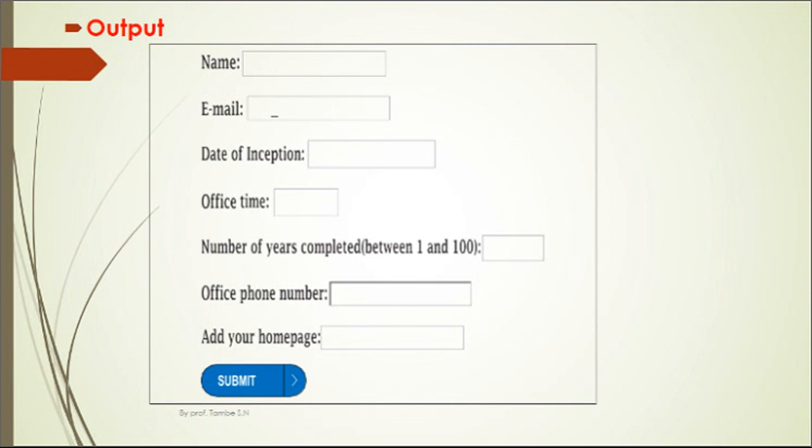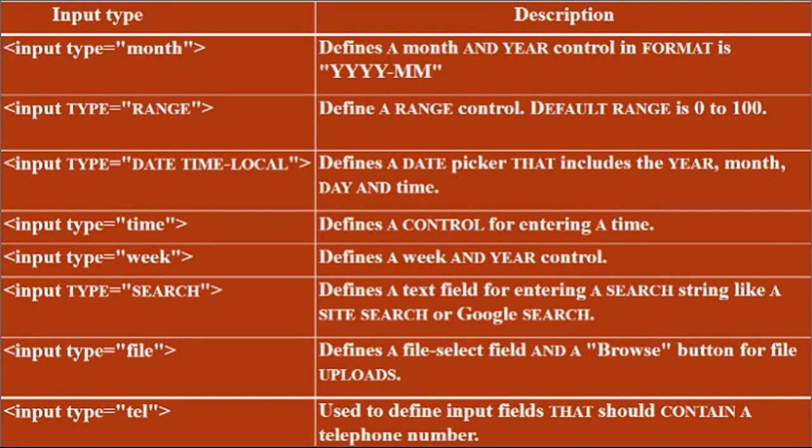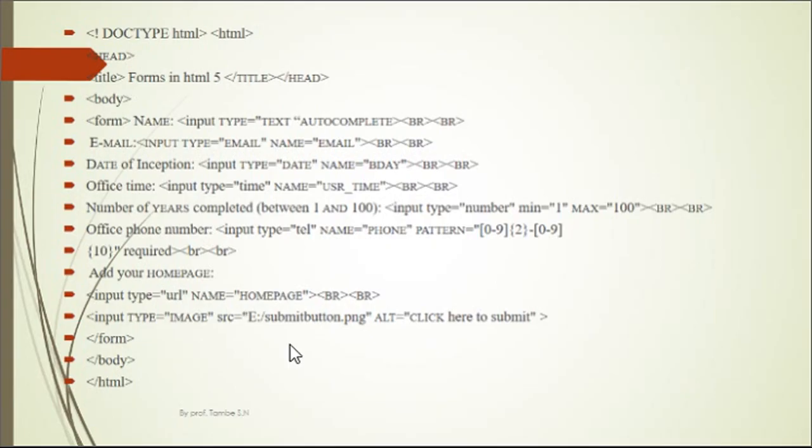Name field. For this purpose we write the name as an input type. For the name we use text. Next is autocomplete, and for the next line we use the line break. After that, email. For the email, input type is equal to email.